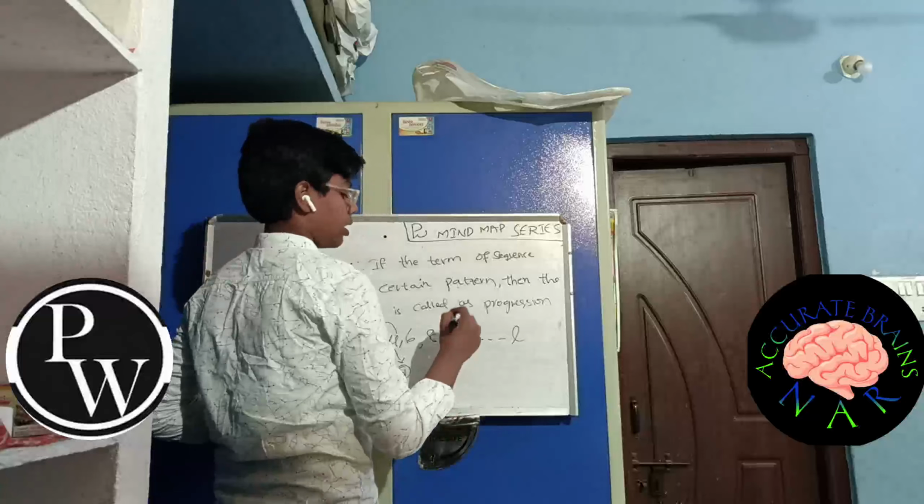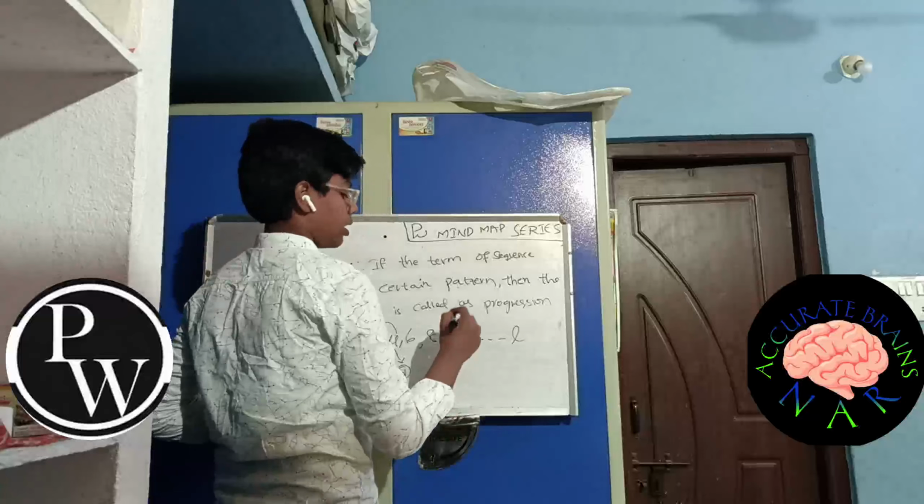N is nothing but the number of the term. So here 1 is the first term, second term, third term, fourth term, fifth term. So here D is equal to the fifth term we are taking, which is 25. So Tn minus Tn minus 1, Tn we can write as T5, right? So T5 minus 1 is equal to T4.